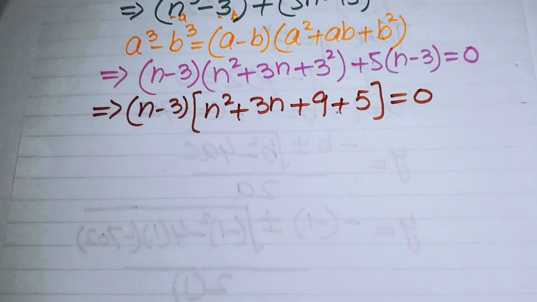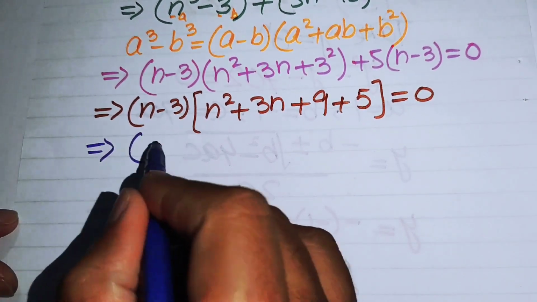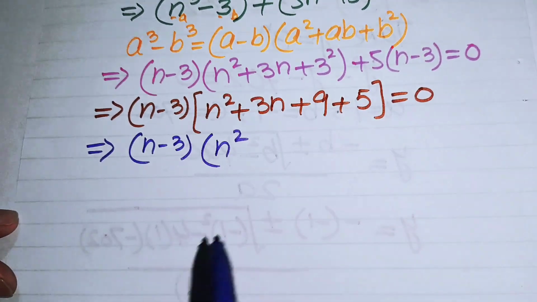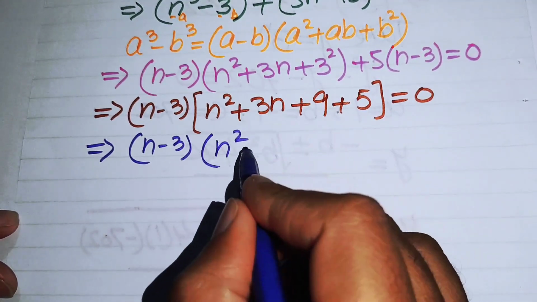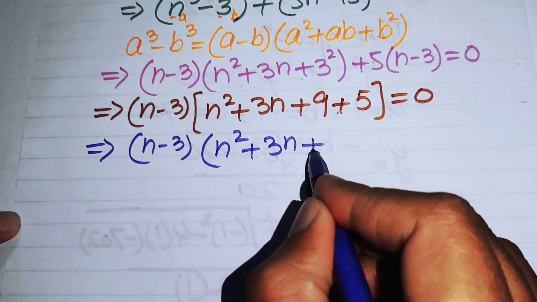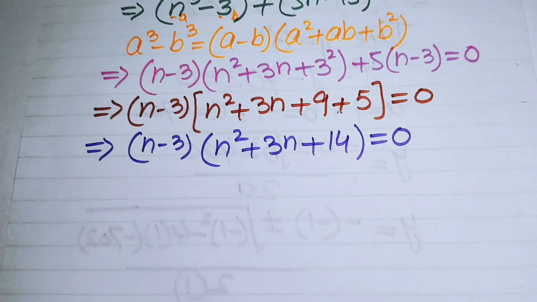So in the next step we need to simplify this expression, and here we add or subtract the like terms, and you get n minus 3 times n squared plus 3n, and you have 9 plus 5 equals 14, and this whole equals 0.